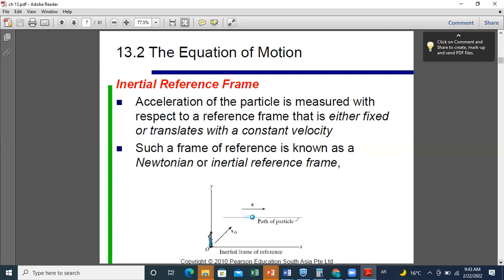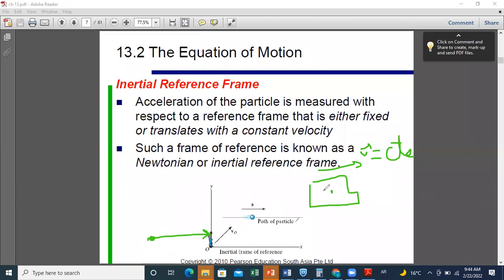Now, what will happen if we consider a non-inertial reference frame? For example, if you have a car moving at constant velocity, v constant, then if you have any particle accelerating in the fixed frame, the acceleration of the particle measured here will be equal to the acceleration measured by the car.